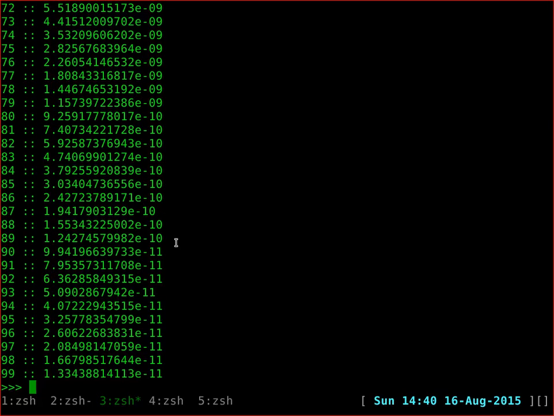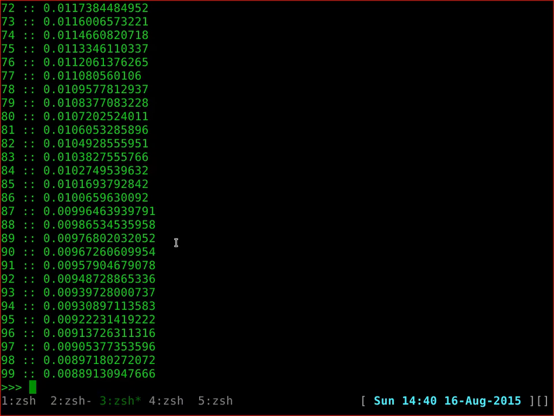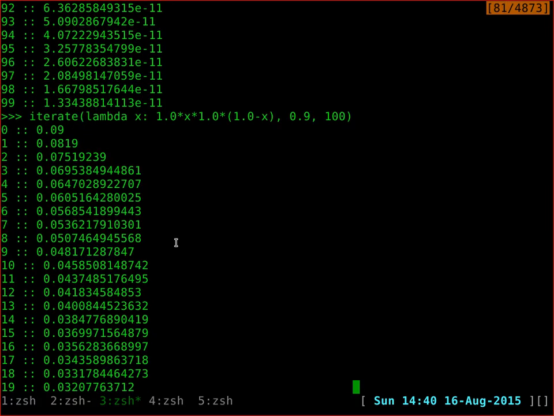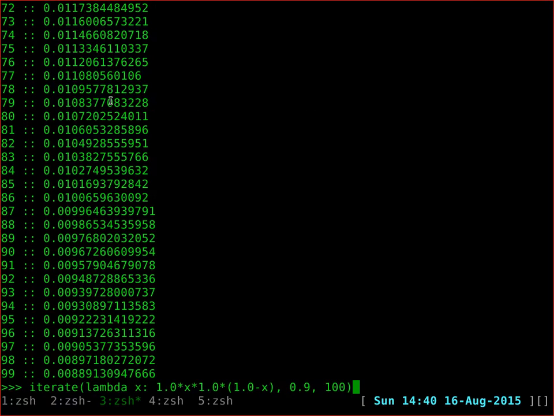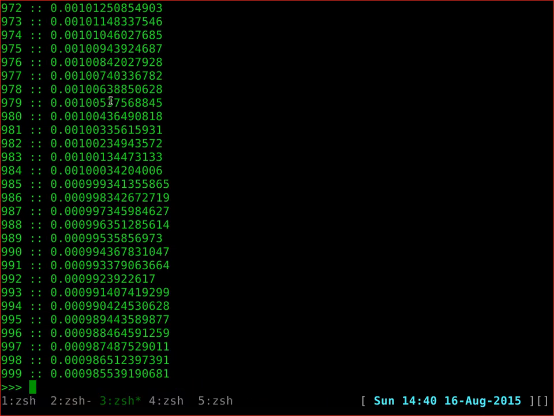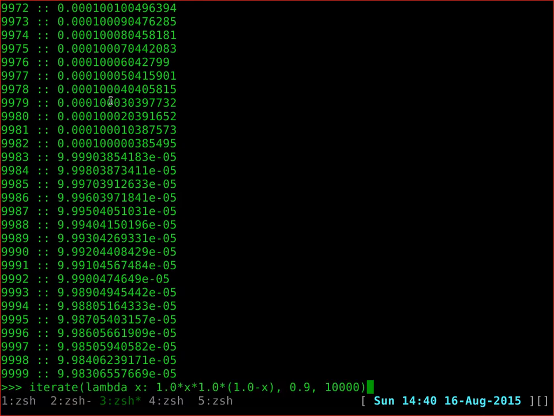Let's increase it to 1, as we did earlier. Now over here, what happens is you start something and it doesn't move as fast. In the other case, by 100 iterations we had already reached an infinitesimally small number, like 10 raised to minus 11. This thing stays this way. If I have to actually get it down there, I have to increase the number of iterations substantially.